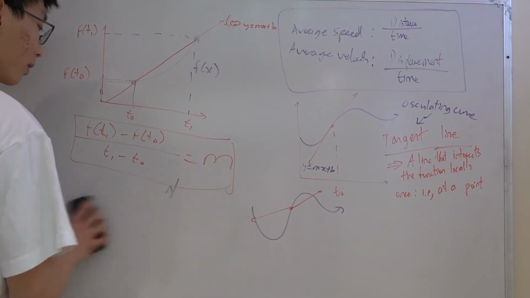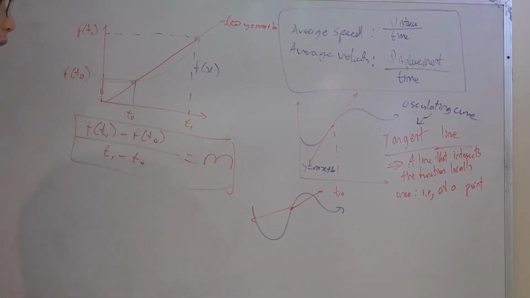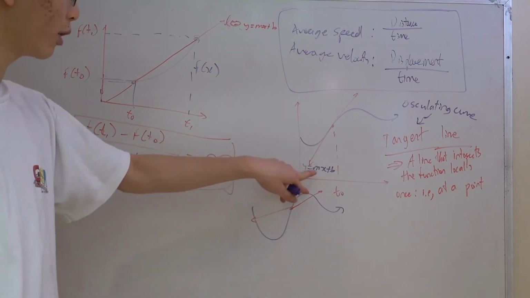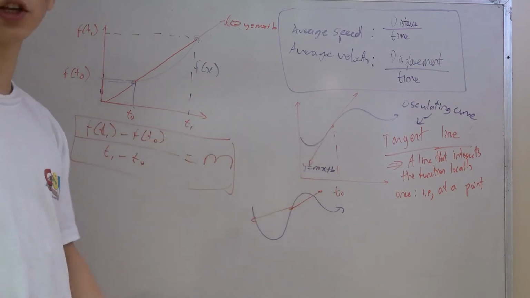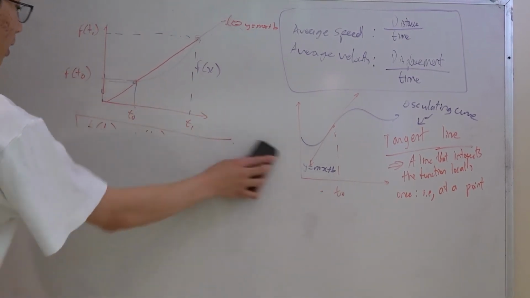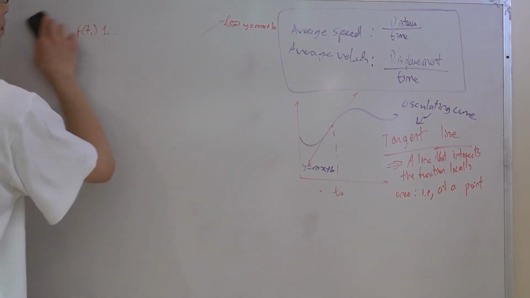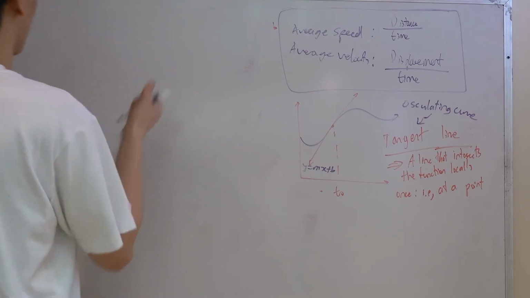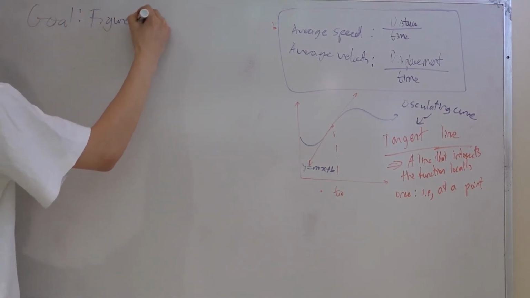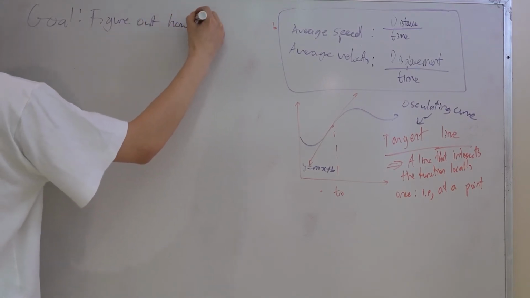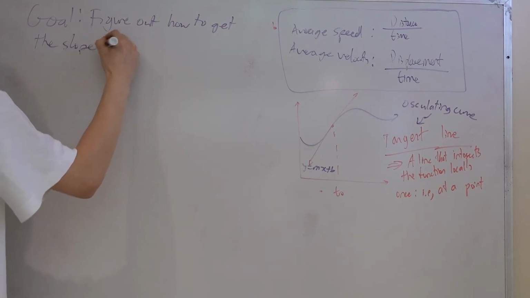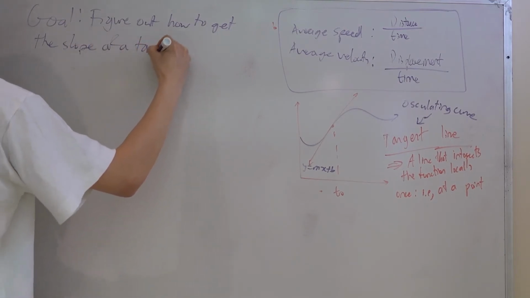So the study of calculus, at least the initial part of it, is literally just figuring out how to get these tangent lines, figuring out what the slope of this tangent line is. So let me write down that expression as our goal. Our goal now: figure out how to get the slope of a tangent line to a graph.